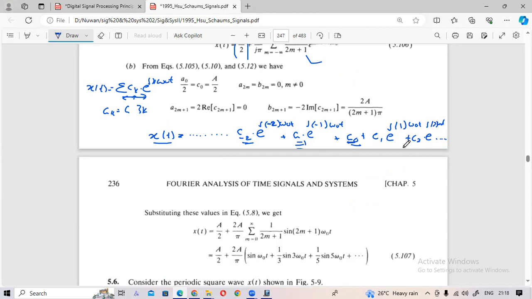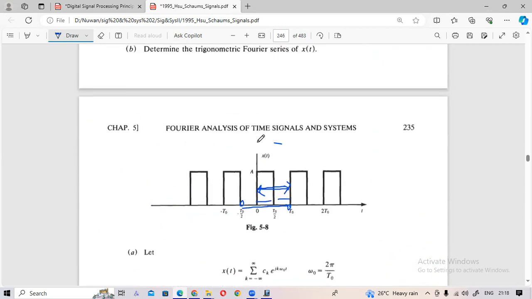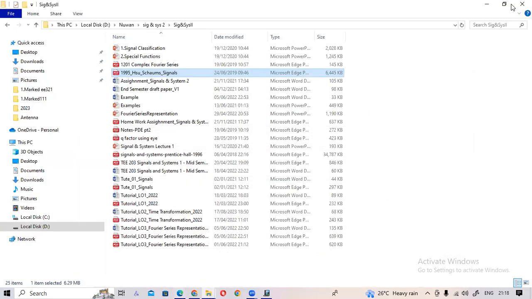In that lecture, what I have done is I just add these components together and check whether I can get this x(t). You can see that if we add more and more components, we can reach this x(t) signal. That is what I showed in lecture 5. That is also very important to understand what the Fourier series is.